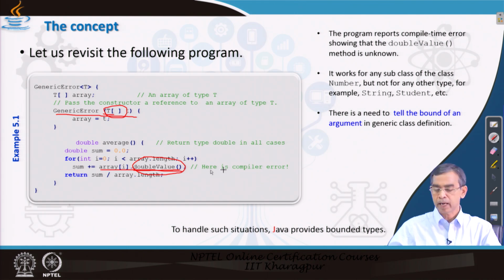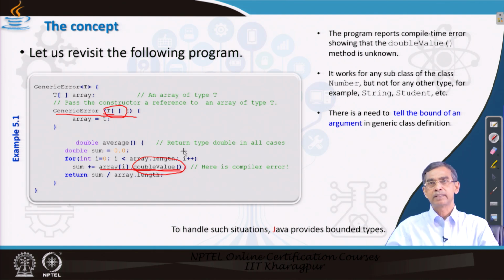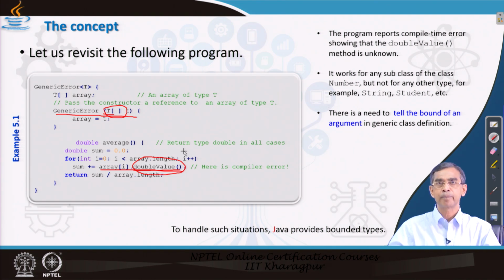So, this program will work for numeric values, but will not work for other types. That basically is a problem because the scope is not properly defined and the Java compiler will not be able to resolve this scope at the time of compilation. This is because doubleValue is not defined for every type, and that is why it gives a compile time error.